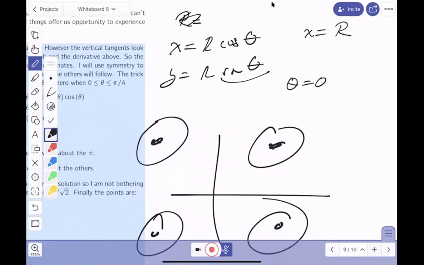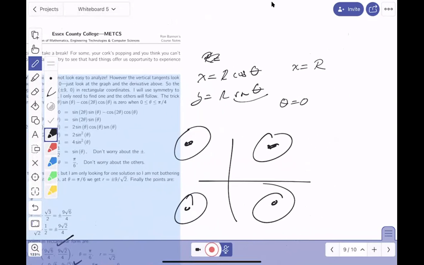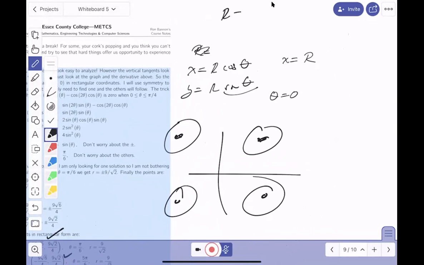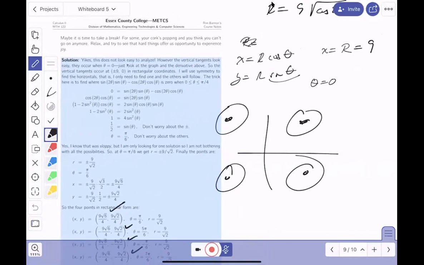And what's R? If I recall, R was equal to 9 root cosine 2 theta, and we're at 0. So cosine of 2 theta is still going to be 1. So it's going to be 9. Yeah, that's what it is. I got it right over here.